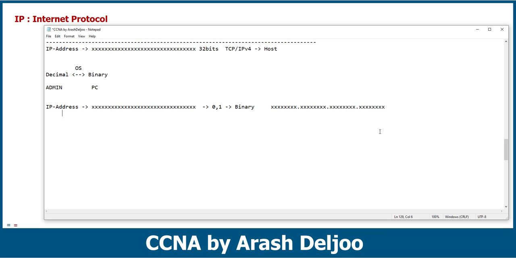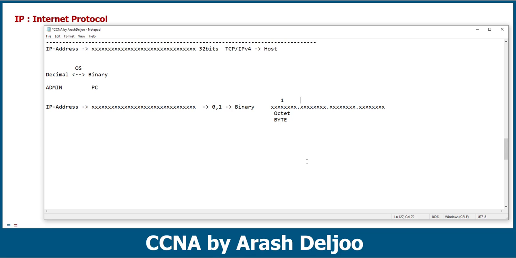We call each 8 bits one octet. In some cases, maybe you see the byte. Each 8 bits is a byte, but in most cases we use octet. If you want, you can say octet or byte, but octet is better. This is octet 1, the first octet.